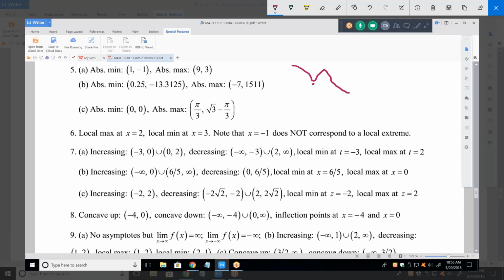And that right there is -2 and 2. And this point is -2 root 2. And this point is +2 root 2.